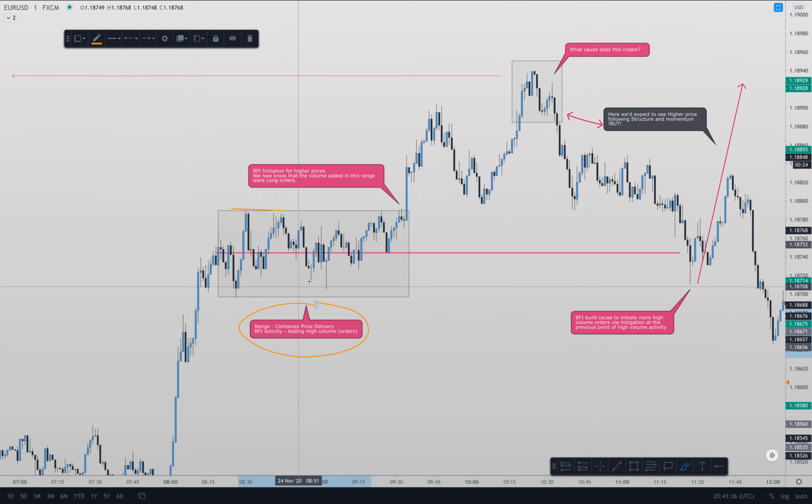Then what I would expect to see at some point is the high or low be taken, and how it's taken will give me an idea of the next phase, the initiation.